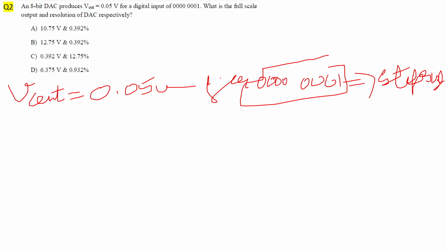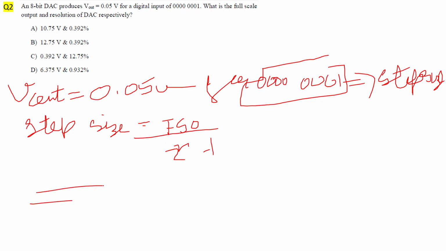For zero it had been zero, and for one it will be the step size, because V of one minus V of zero will give you the step size, right? This step size we know is equal to full scale output voltage by 2 raised to power n minus 1, right?